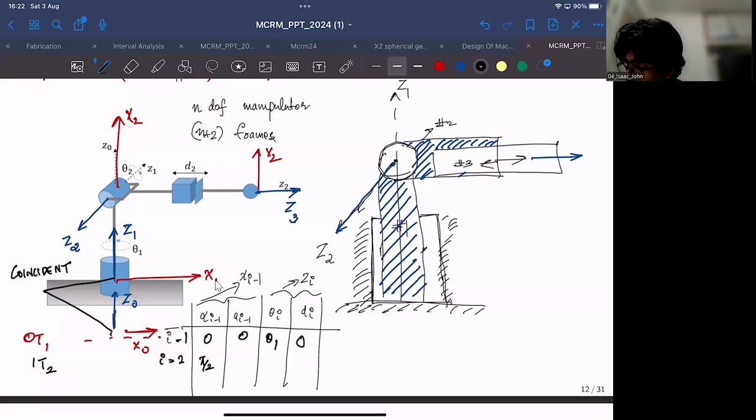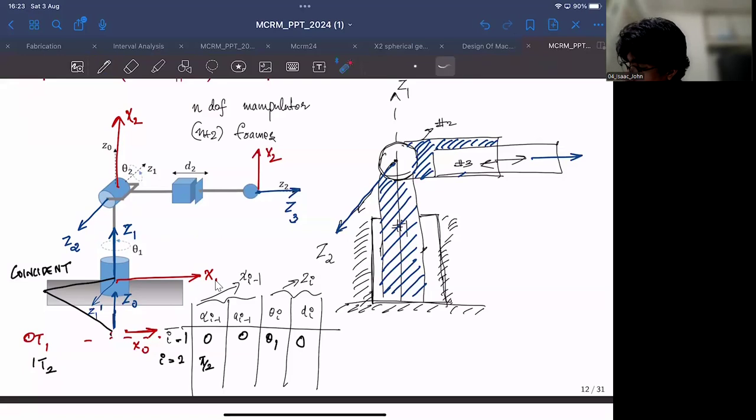And now what would be the translation? Once we have rotated, this will be z1 dash and x1.